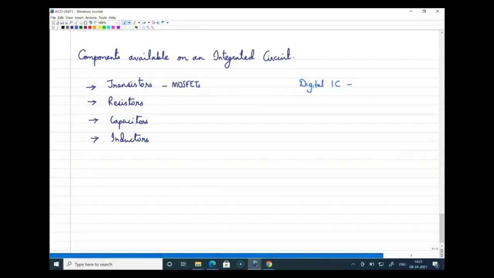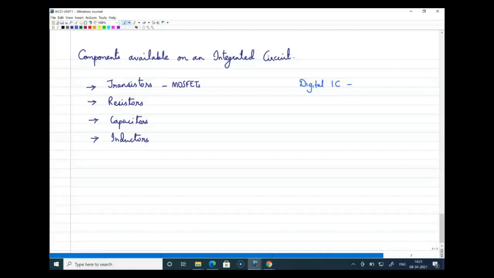When I say digital function, almost all the time the result we are expecting will be either 1 or 0. Whatever function we realize, we want the output to be either 1 or 0, and that is possible if you use transistors or MOSFETs. It is very apt and very easy to get such a response of ones and zeros.